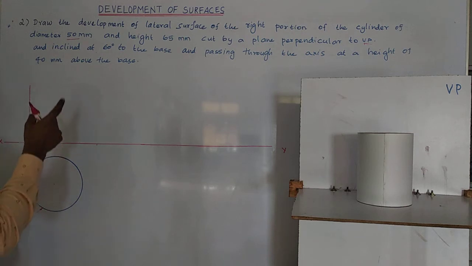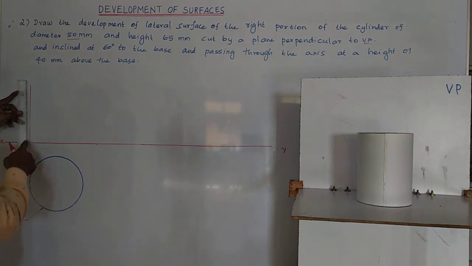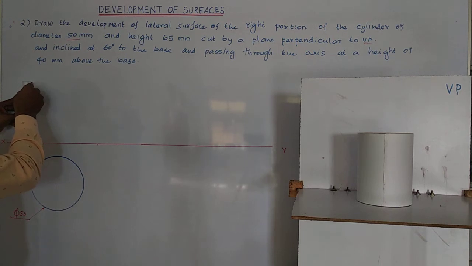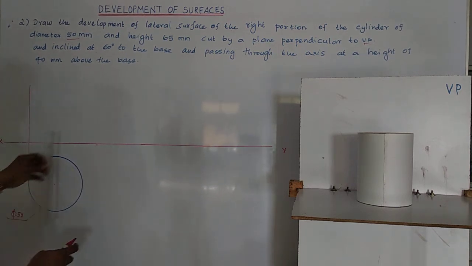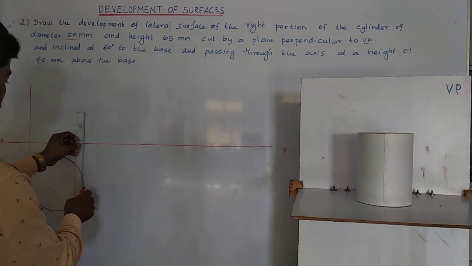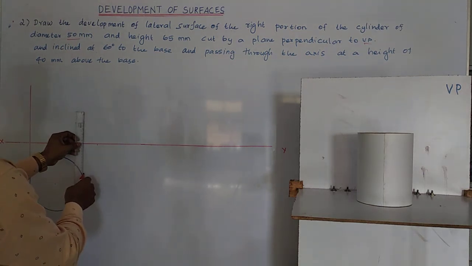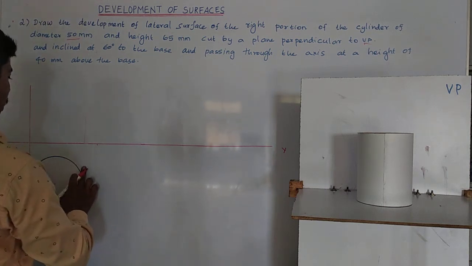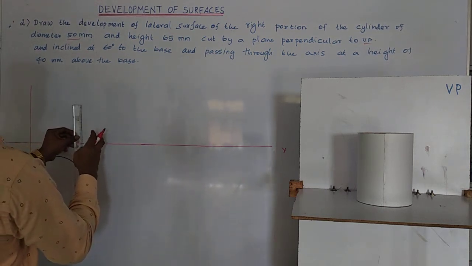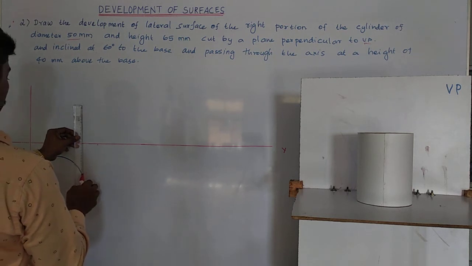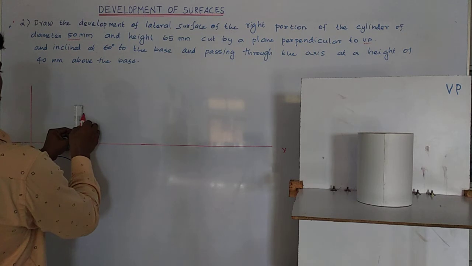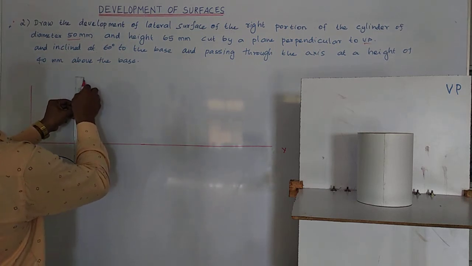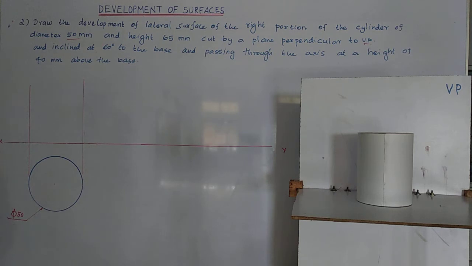Then what is the height of the cylinder? It is 65 millimeter. I measure the height 65 millimeter and mark here. The height of the cylinder is 65 millimeter.